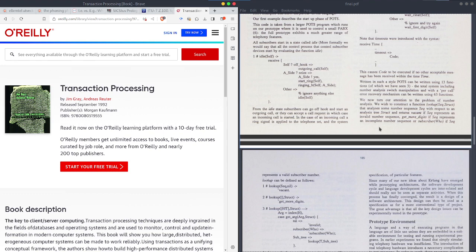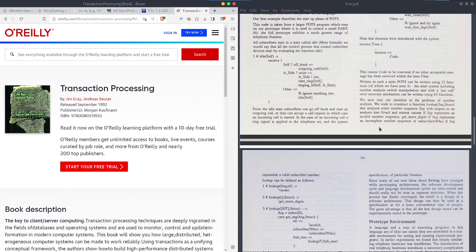Written in such a style, POTS can be written using certain functions, of which we have seen 3. The total system including number analysis, switch manipulation, and the error recovery mechanism can be written using 63 functions. We now turn our attention to the problem of number analysis.